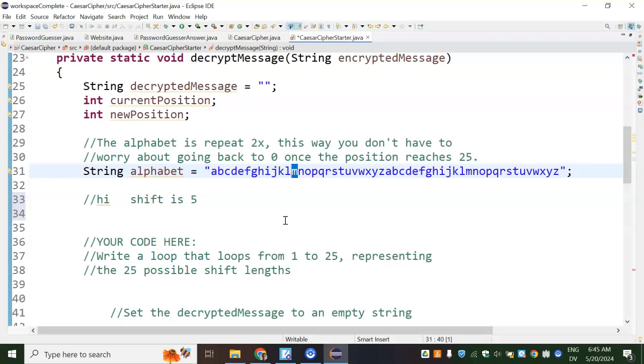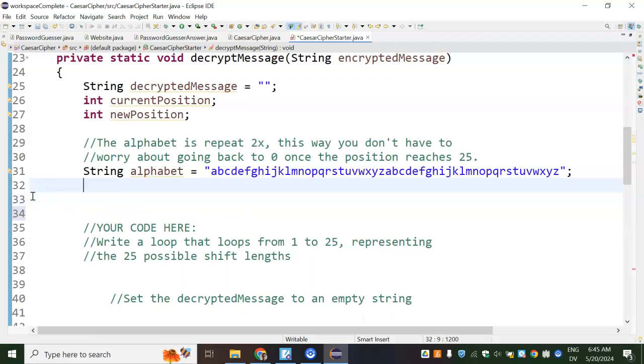You hopefully get the idea. Then the I is right here. Find its location, and then shift down 1, 2, 3, 4, 5 spots there. So that's the idea of how to decrypt. We're going to take the letter, find where it is, do indexOf, and then shift it down. And we've got to do this for all the possible shifts.